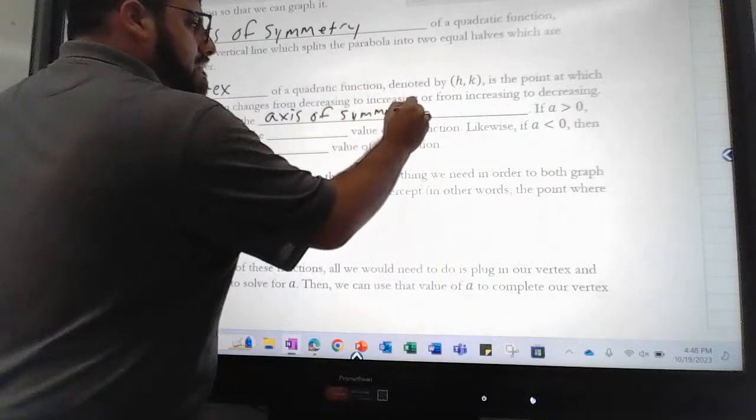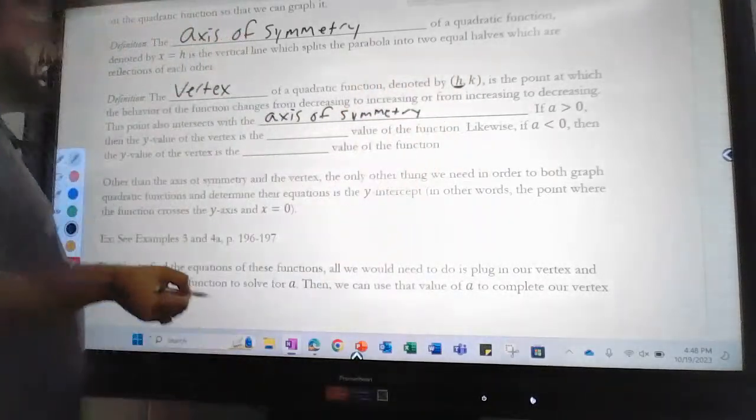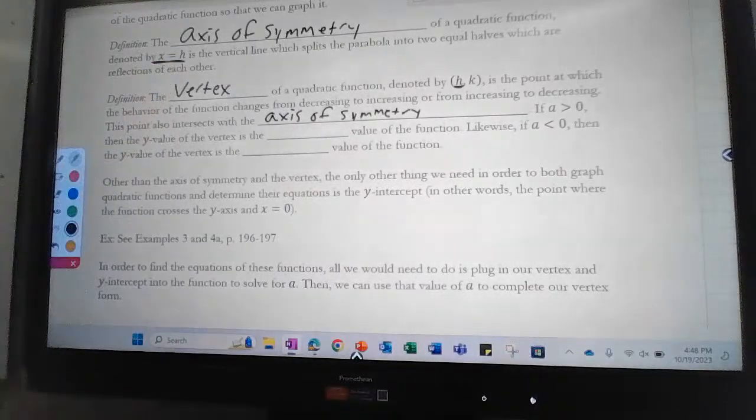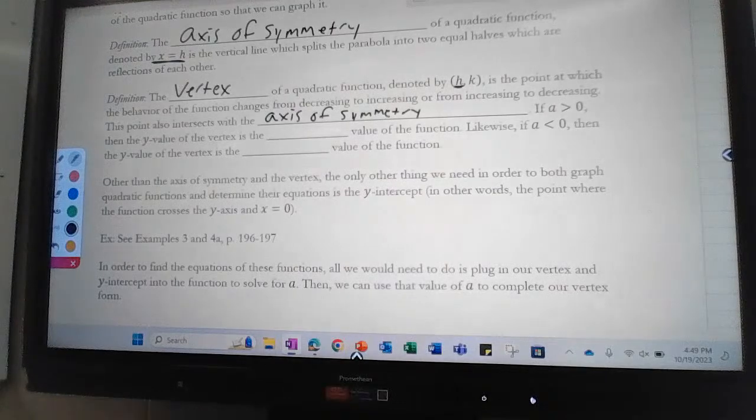If you really look at both of these, it makes sense because the x value of your vertex is h, which is also the value of that vertical line x equals h. So if you're working problems where you're trying to use these parts to graph a quadratic function, once you know what your axis of symmetry is, you're already halfway there with the vertex. You just need to find the y value.